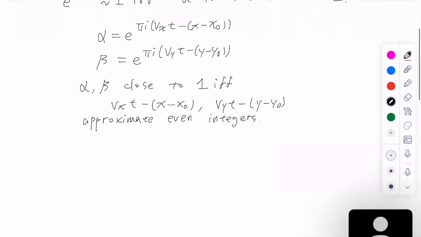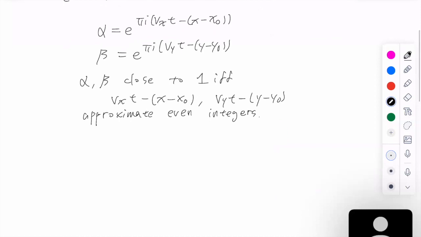So this means that we hope to choose some t such that both of these quantities approximate 1.